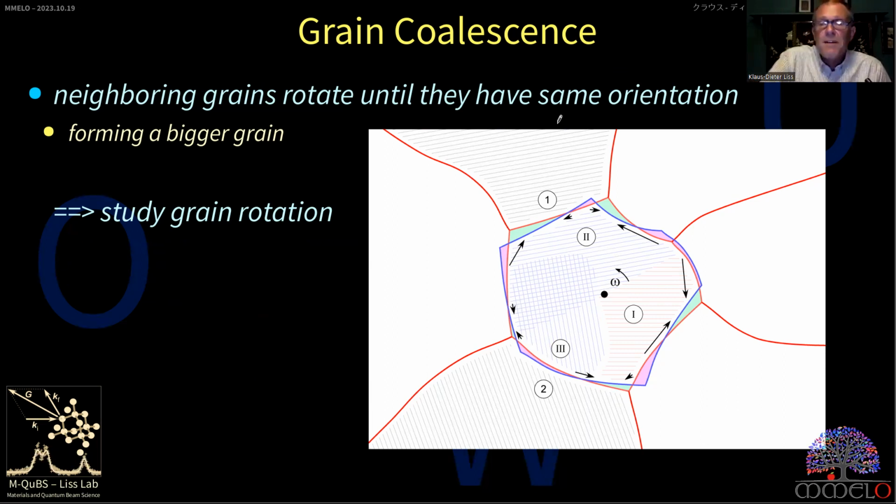If the middle grain here has the initial orientation 1, it rotates by the angle omega into the orientation 2, which is parallel to the neighbor grain. Then this forms a bigger grain. Then we have grain growth by coalescence.